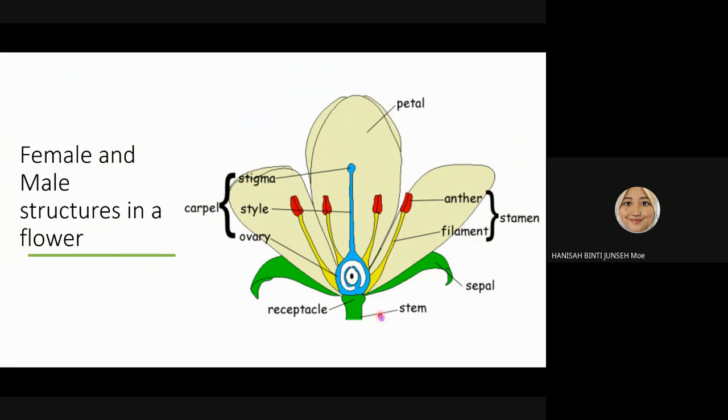In our textbook, this stem here is represented as peduncle. So you get the point. Now you know the female structure: carpel, stigma, style, ovary. The male structure: stamen, anther, and filament.